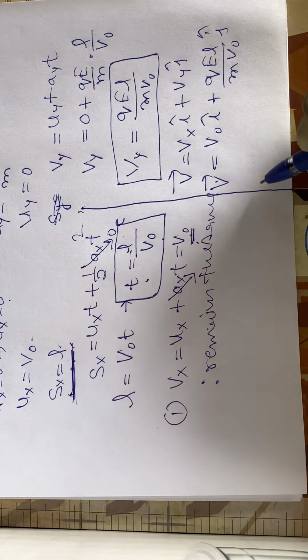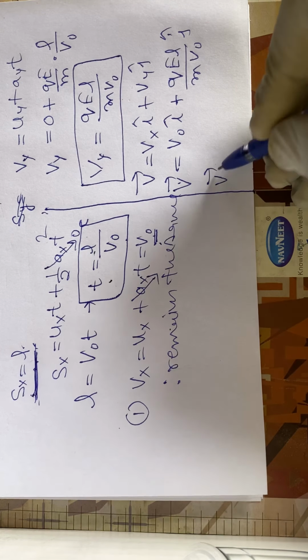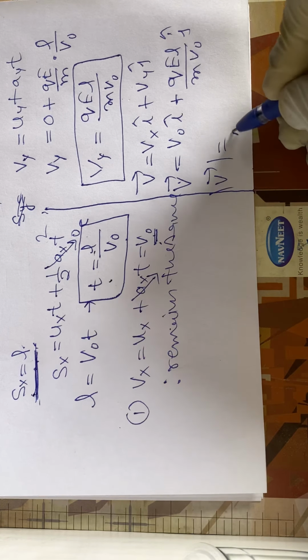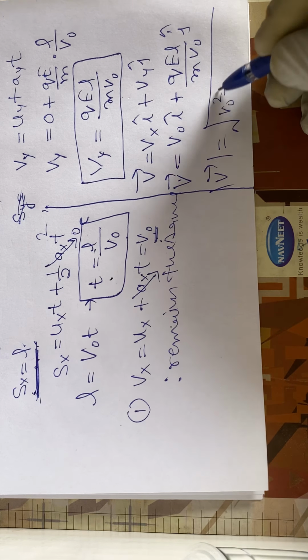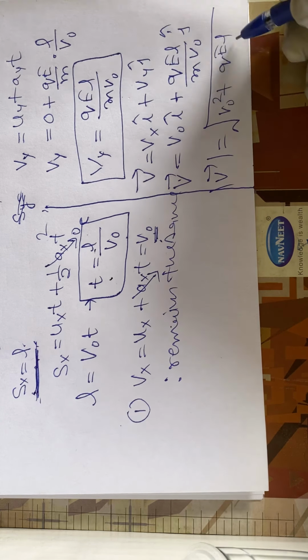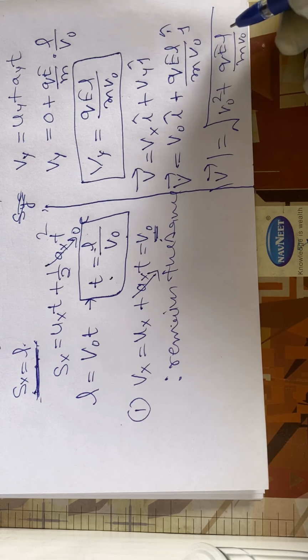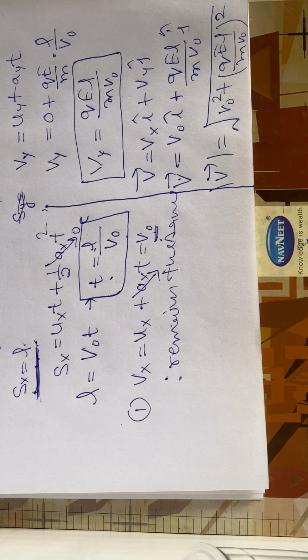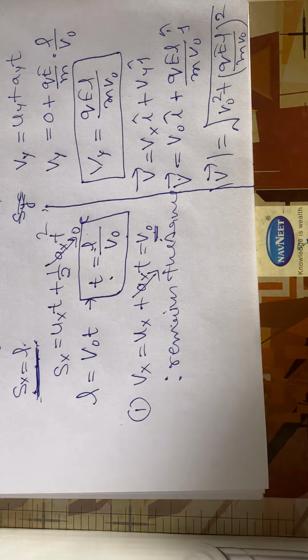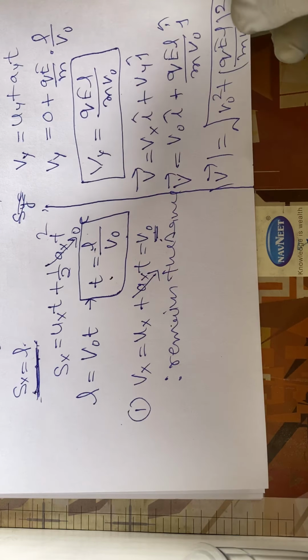This is the velocity. If we want the speed, we get its magnitude, which is the square root of v naught square plus (qEL upon m v naught) whole square. This way, we can find its velocity after covering distance L.